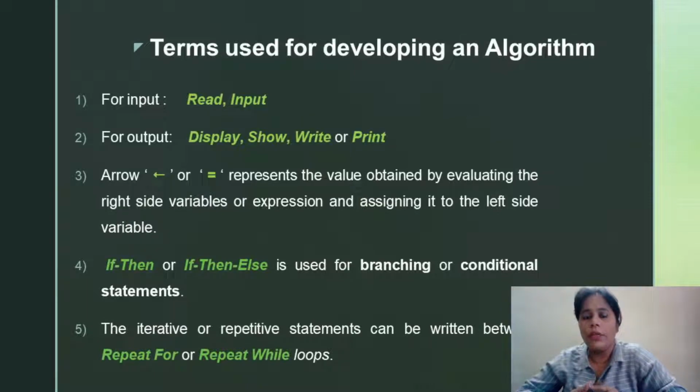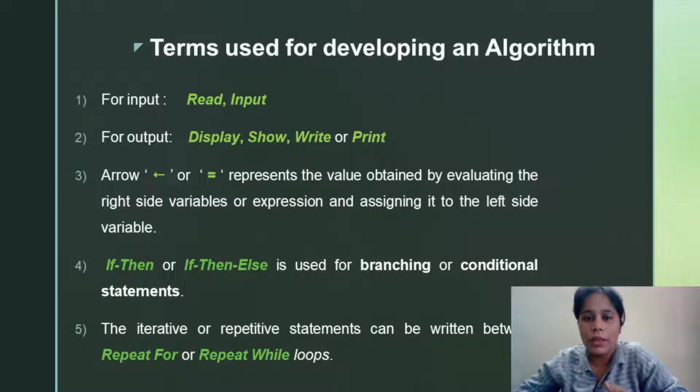For writing an algorithm, there are certain terms which I want to discuss in this slide. For input, we can use read, input, this type of word. For output, we can write display, show, write, and print. Arrow and this equal to sign indicates the assignment.